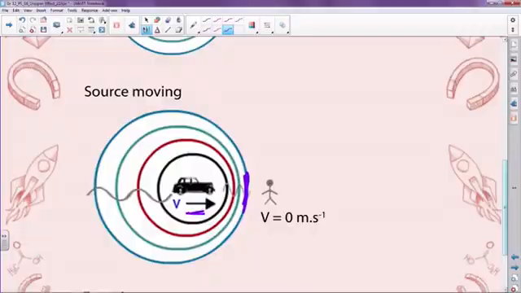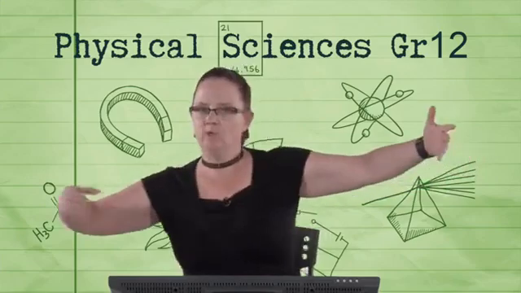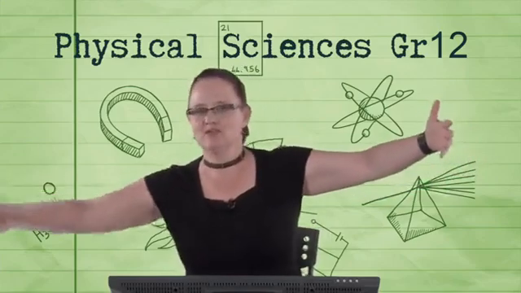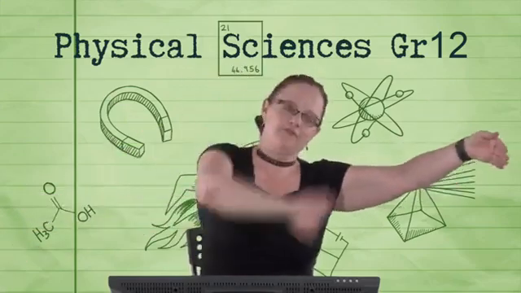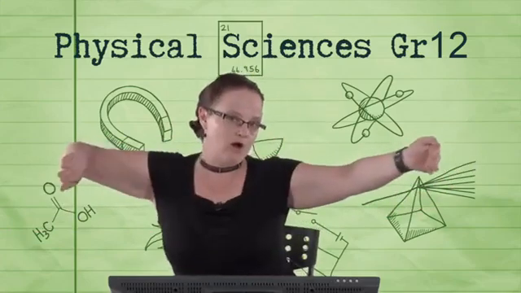Now, to someone standing on this side, what's happening is the wave comes, but now the car's moving away, and when it creates the next wave, it's further away than the first one. So now the waves are going further and further apart.